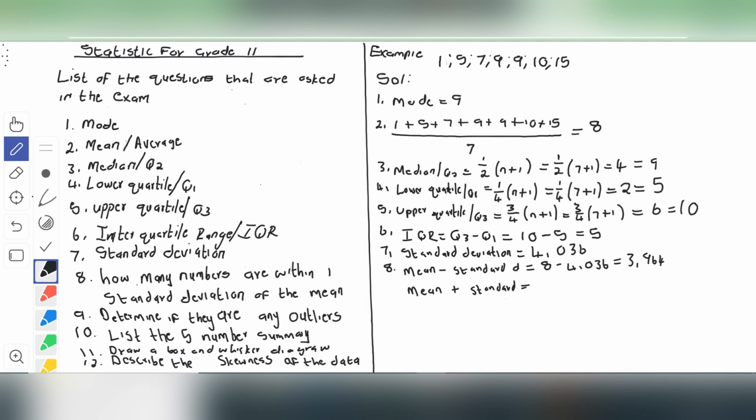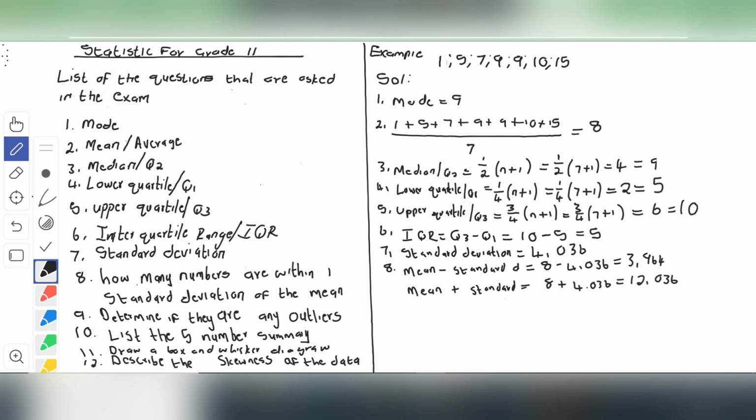And for this one, it's going to be 8 plus 4.036 is equal to 12.036.